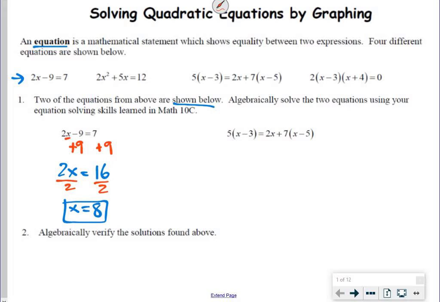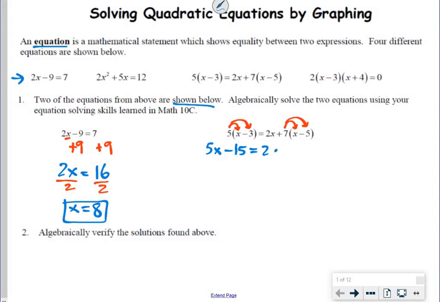With the one on the right here, it would be helpful to expand this first. And same thing with this. Hopefully we can simplify it a little bit and then get x on its own. So let's start by doing the left side. 5 times x is 5x. 5 times negative 3 is negative 15.